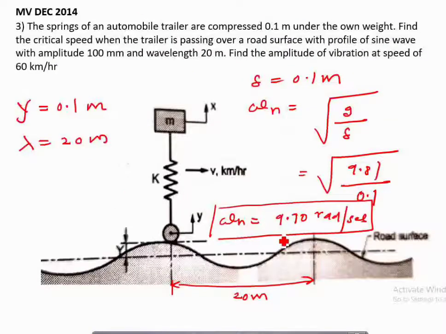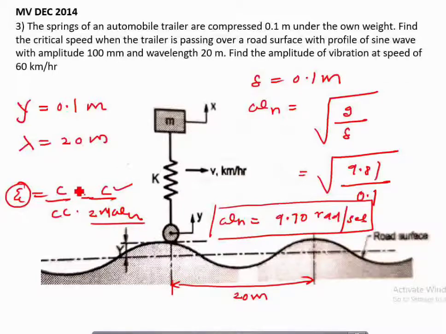Now in this particular problem, they haven't given the condition of damping. We know that zeta is equal to C upon Cc, which is equal to C upon 2m omega n. We know 2m omega n, but they haven't given C or zeta.